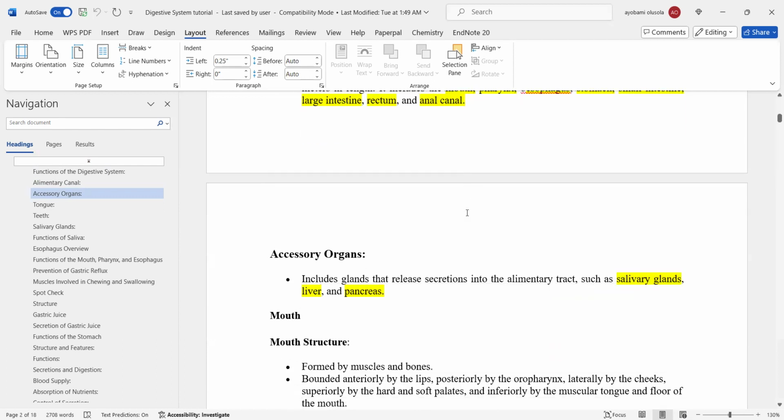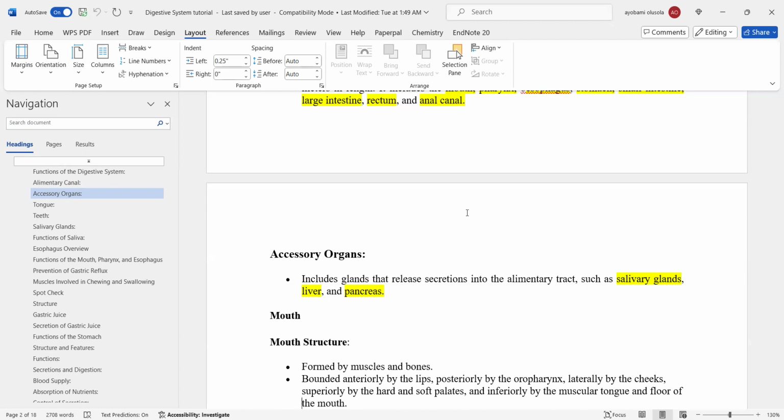So, we said the digestive system has two components, the alimentary canal and the accessory organs. So we have listed the components of the alimentary canal. Now we list the components of the accessory organs. These accessory organs include glands, and what they do is release secretions into the alimentary canal.